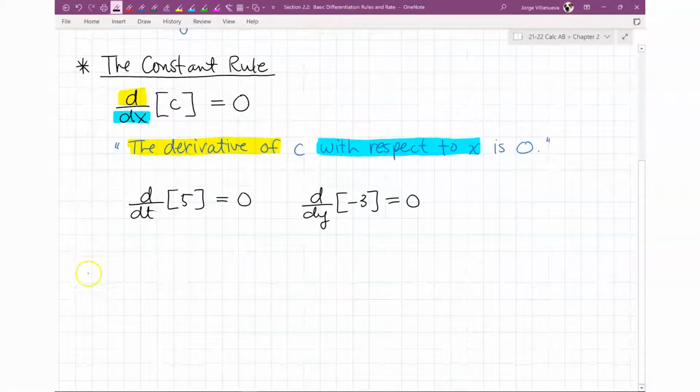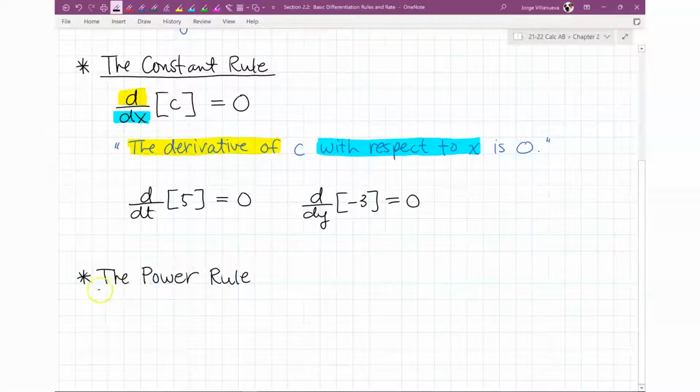So let's talk about the power rule. It's actually one of the most important ones. I mean, there's a lot of other rules, but the power rule shows up pretty much all the time. So this one actually has some prerequisites here.